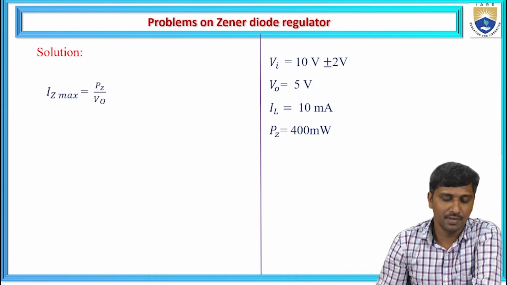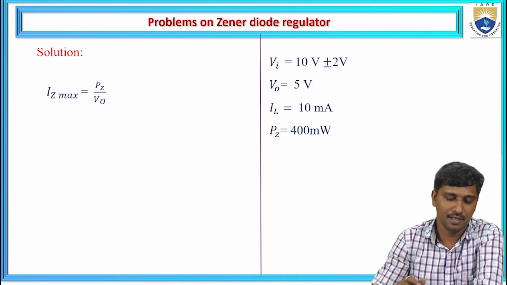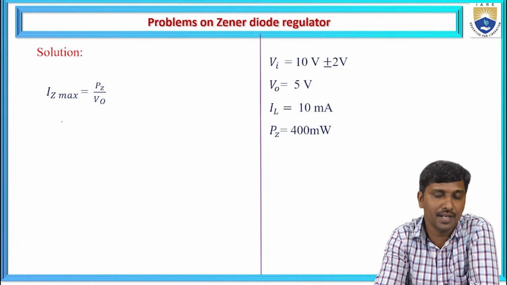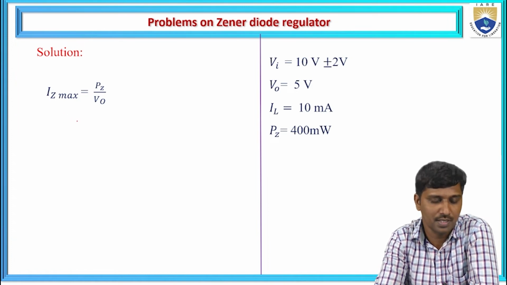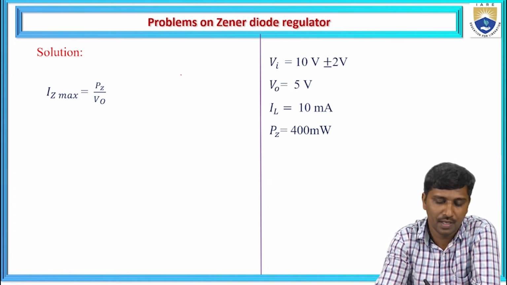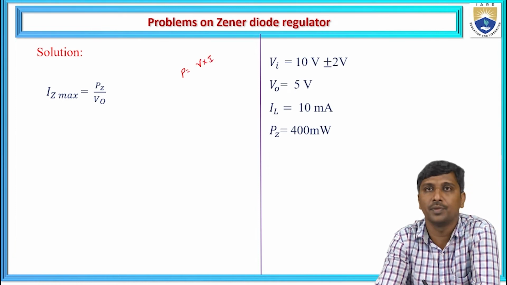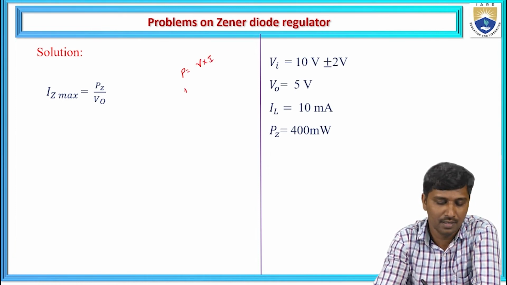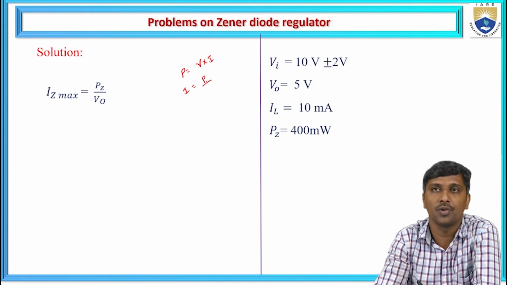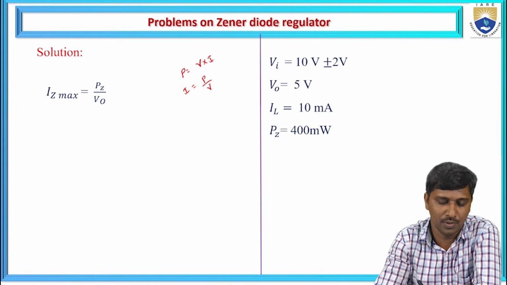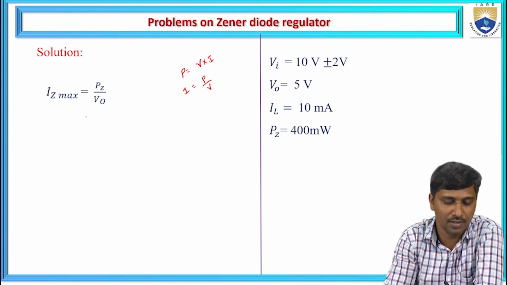Now similarly, we need to calculate how much maximum Zener current flows through the Zener diode. Generally, we know that P is the product of voltage and current. So here I'm going to calculate the current. It is the ratio of power to the voltage across the Zener diode.